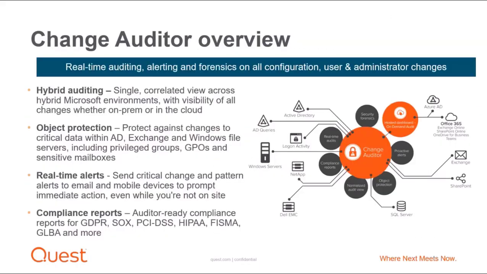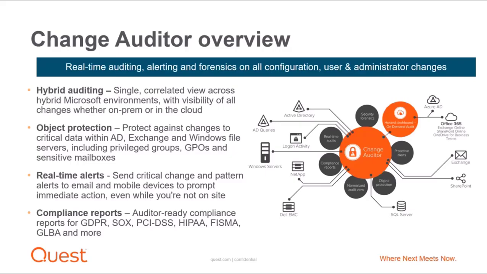So let's talk about Change Auditor. Change Auditor is a real-time auditing solution. It doesn't pull any event logs from your DCs. It's creating its own events by looking at your environment, determining what's happening, taking those agents and letting them go in and focus on key events and events that you specifically create within the solution to understand what's happening within the environment. Another thing that we have is the object protection, which Bob mentioned as well.